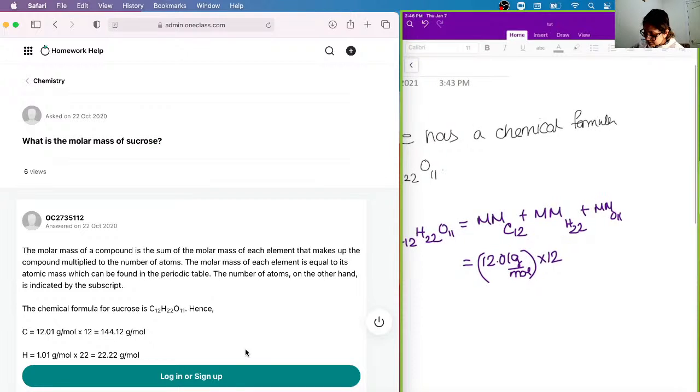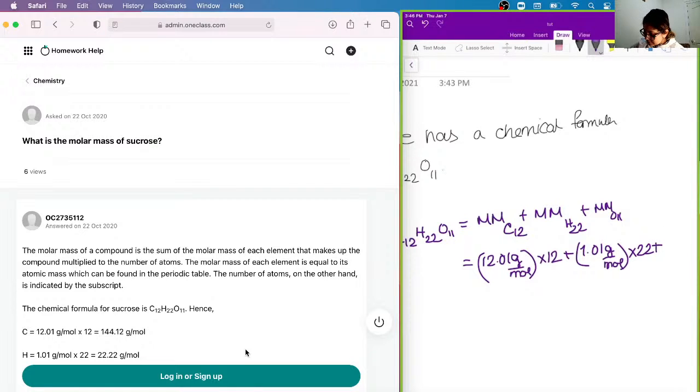And so the next would be hydrogen. For one atom of hydrogen, the molar mass is 1.01 grams per mole, and we have 22, so you would multiply this by 22.